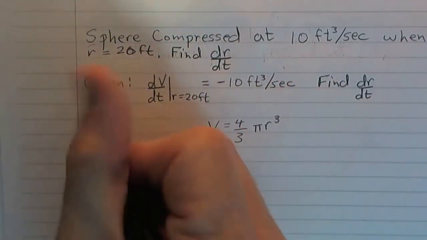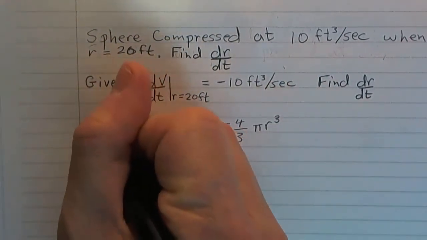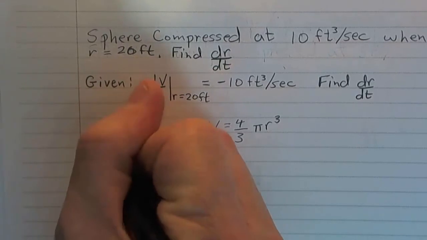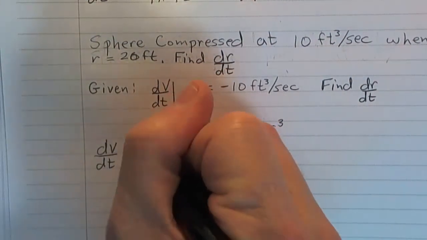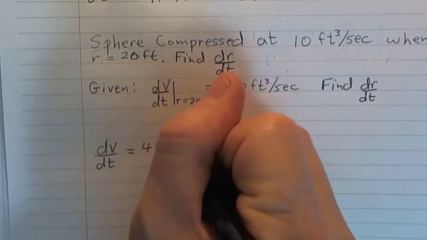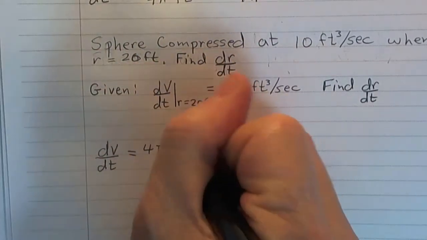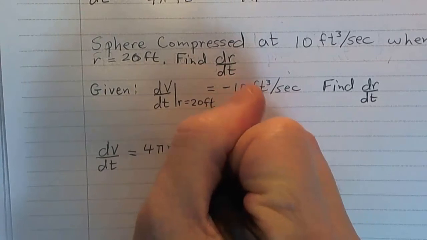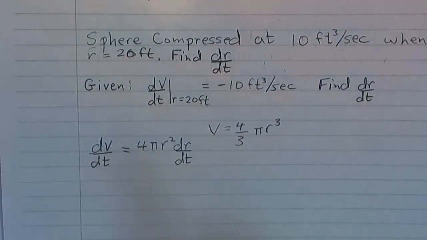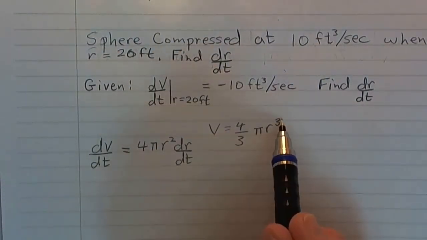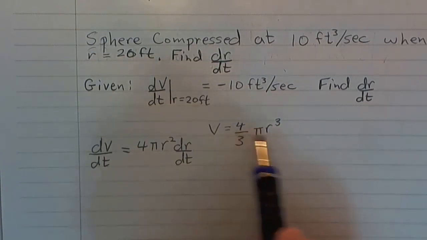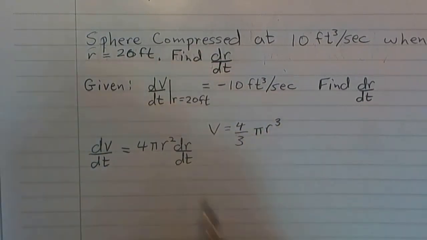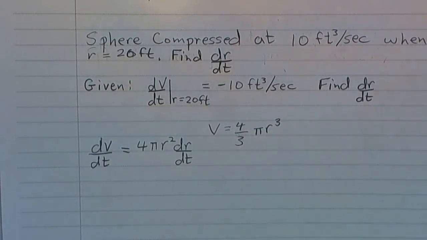So here's what we've got: dV dt equals 4 pi r squared dr dt. I brought the 3 around using the power rule, the 3's canceled, and then 4 pi r squared, and then dr dt.